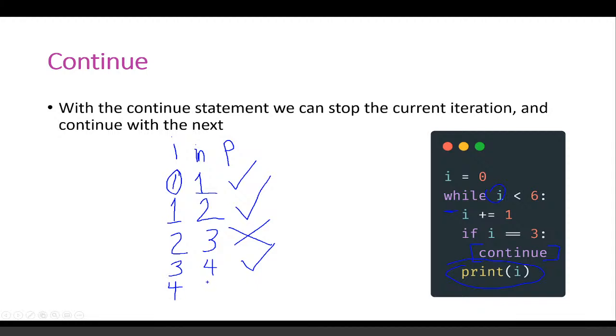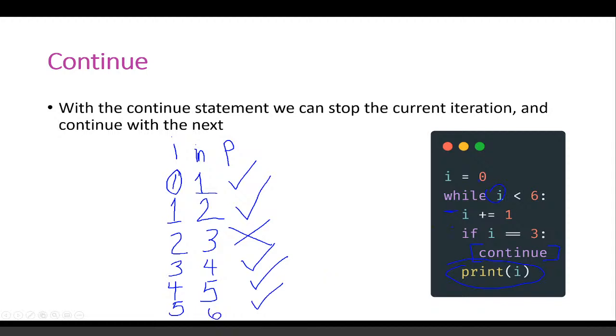The next loop, it's 4, which increments to 5, which prints. The next loop, it is 5, right, which passes our condition here, 5 is less than 6, which increments to 6 and prints.